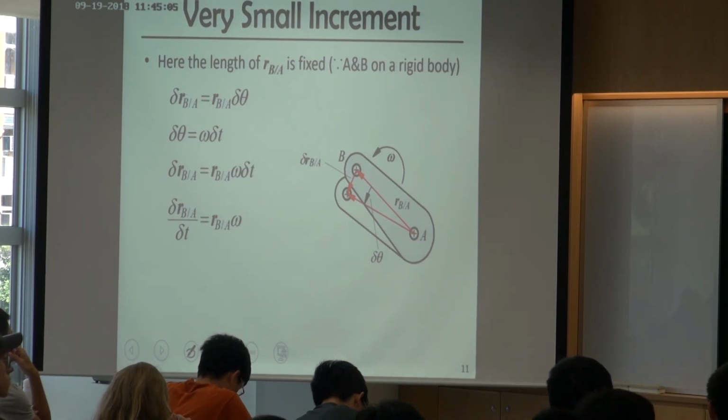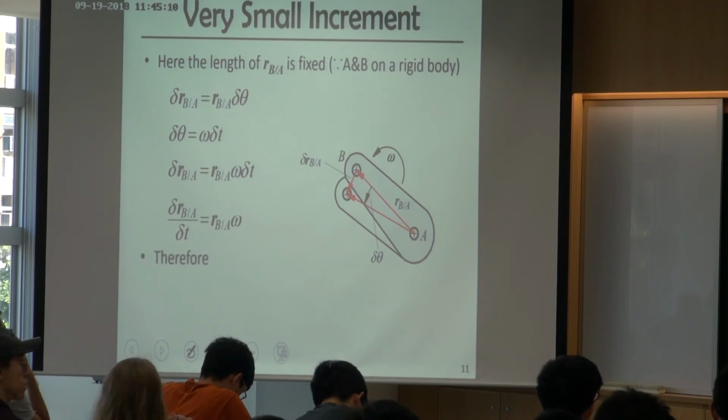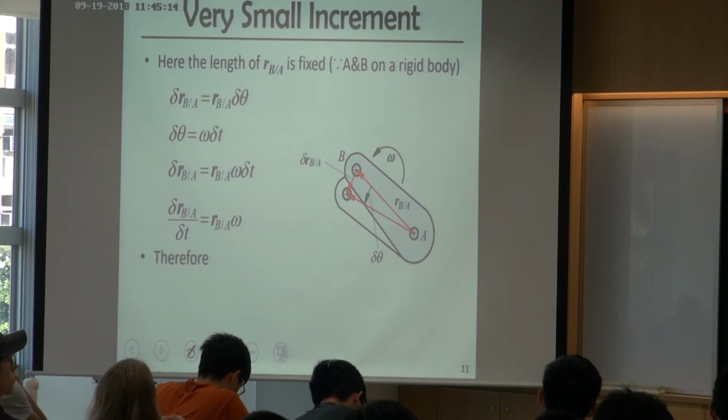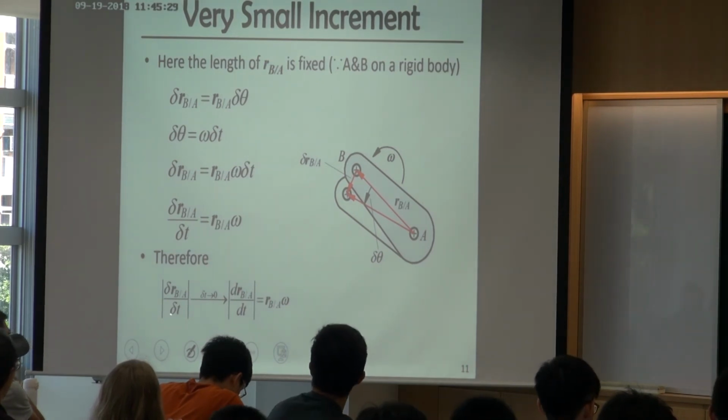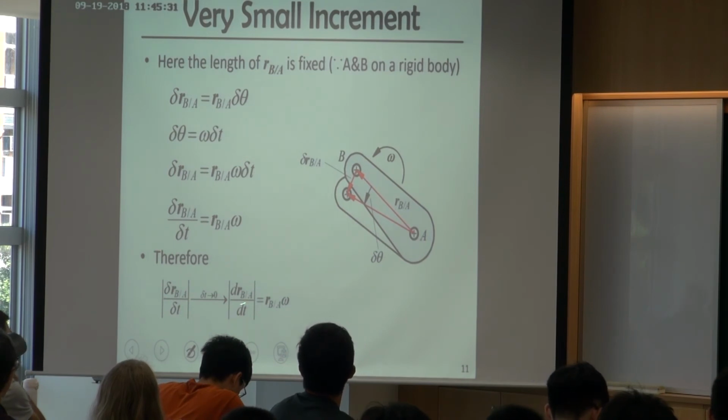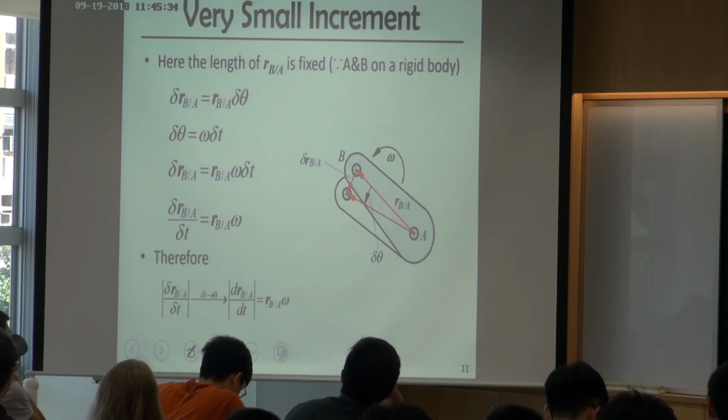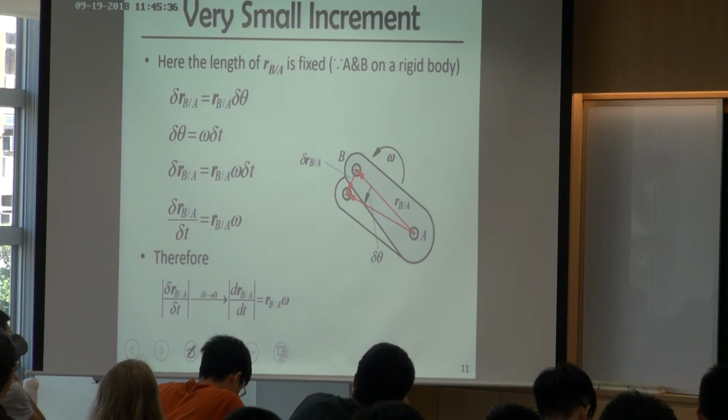Any questions so far? Therefore, because delta is a very small increment, we can consider this as differentiation. I assume delta t is extremely small and approaching 0, so you can represent this term as the derivative of RBA over dt.